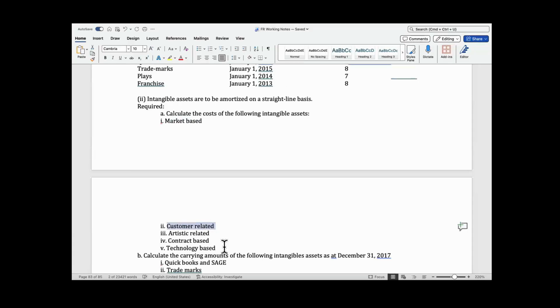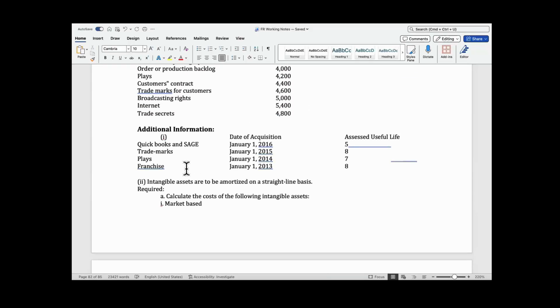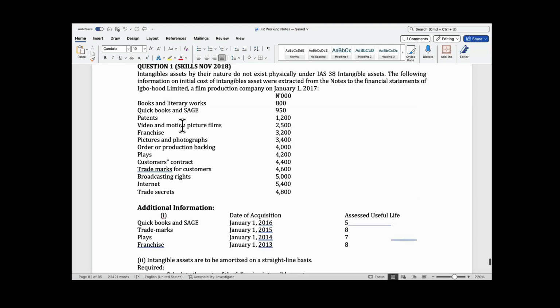The standard did not classify intangible assets this way, so judgment is allowed here. Whatever classification you put, we just gave everybody 5 free marks. So let's use our judgment and see if we can classify.